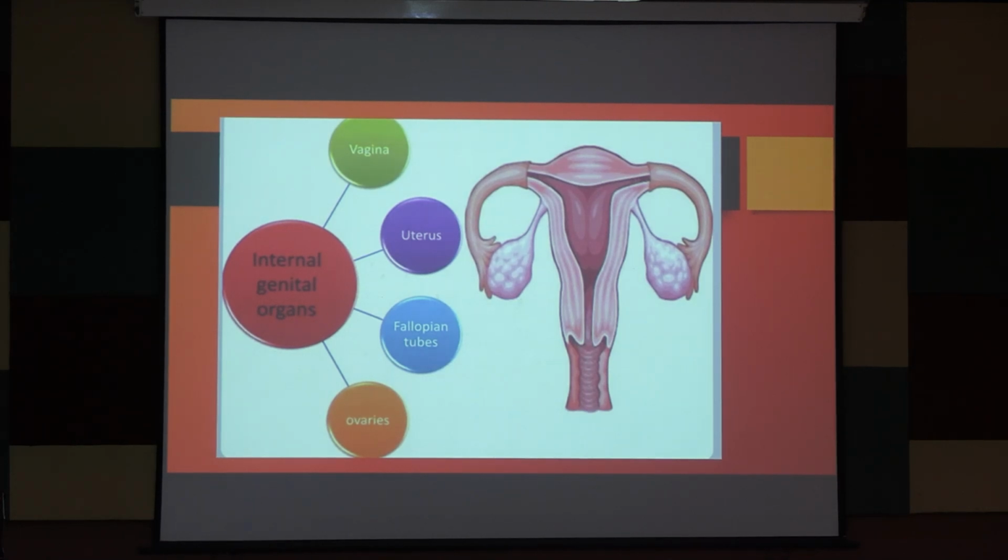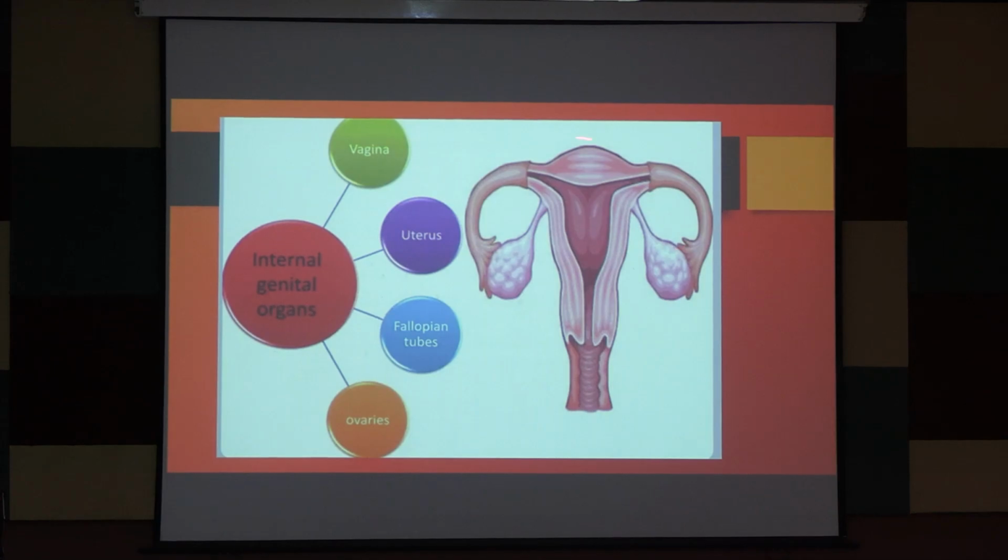Again, this you can divide into two parts from the clinical aspect. One is from the cervix upwards. This is the upper genital tract. And from the cervix downwards up to the vulva, this is the lower genital tract.